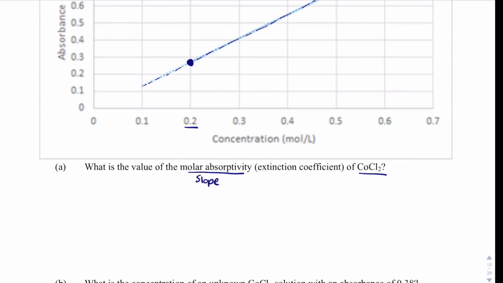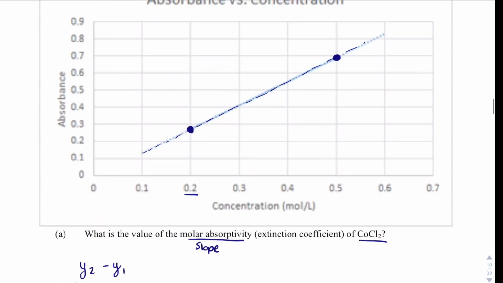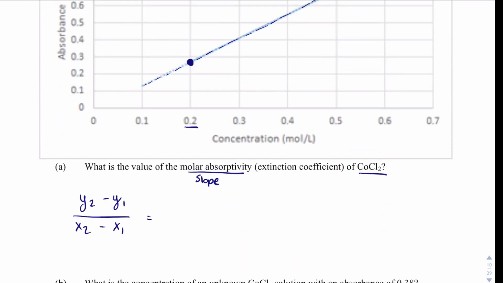So what we're going to do is we're just going to calculate slope. If you remember from math class, one of the equations for slope anyway is y2 minus y1 over x2 minus x1. One of my y values is 0.69. The other one is 0.27. The x value that aligns with 0.69 is 0.5.